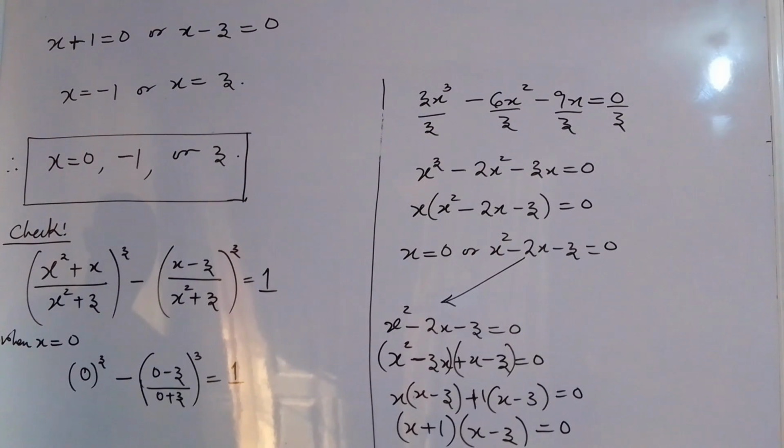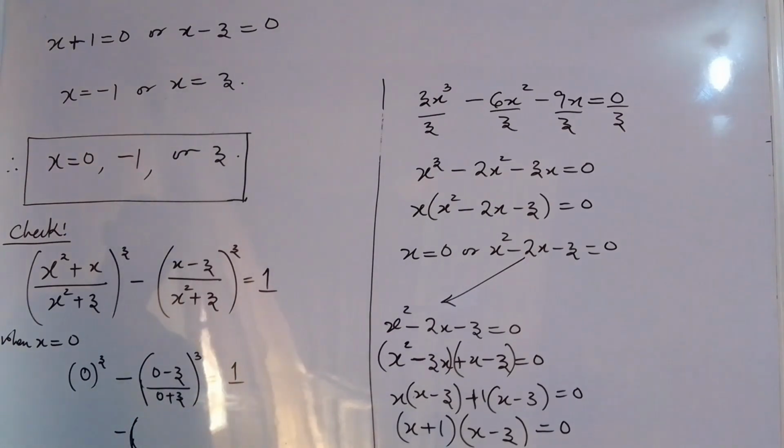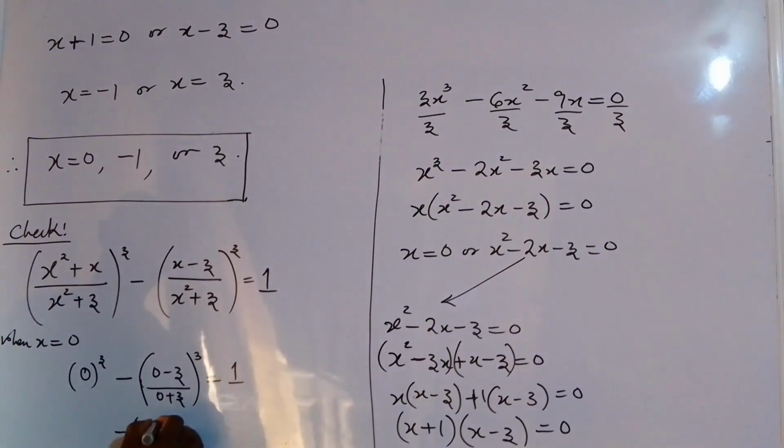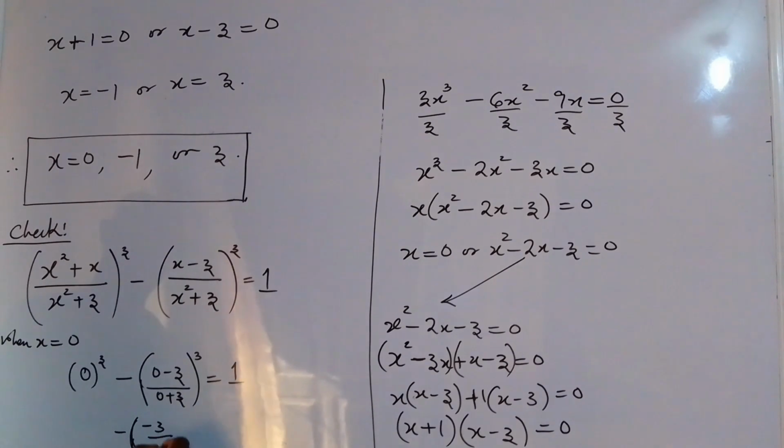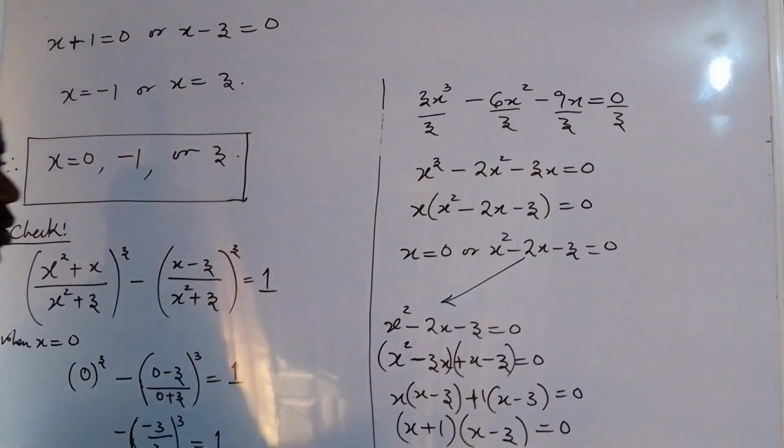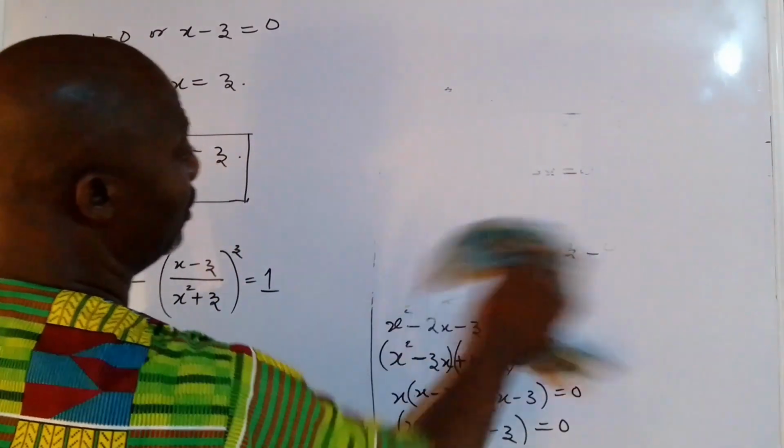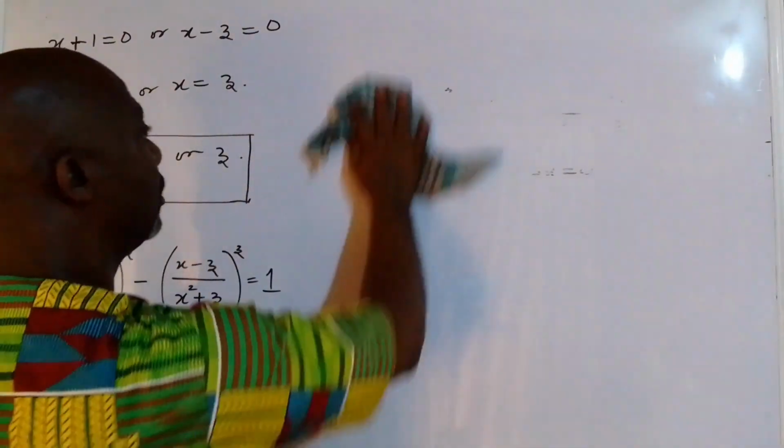So we have minus 3 all over 3 cubed equal to 1. Okay, so let's see, I'm just trying to check it.